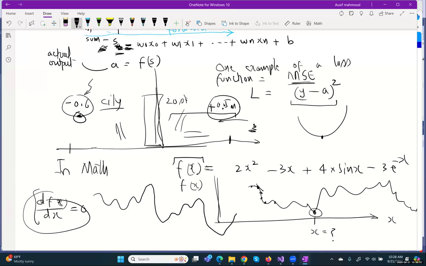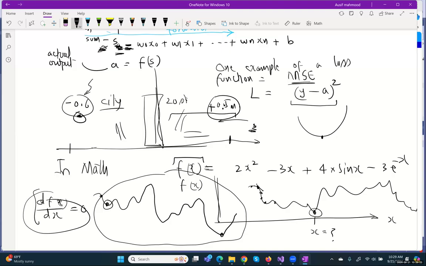Meaning you cannot simply take the derivative and set it to 0, because then, if you started over here, it will just say, this is the answer. But in reality, the answer is over here. And sometimes you have to go up, you have to go down, right? So a lot of research has gone into how do we find the minimum value of a complicated function, right?